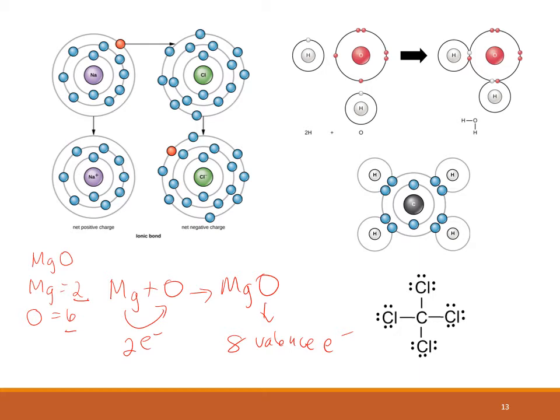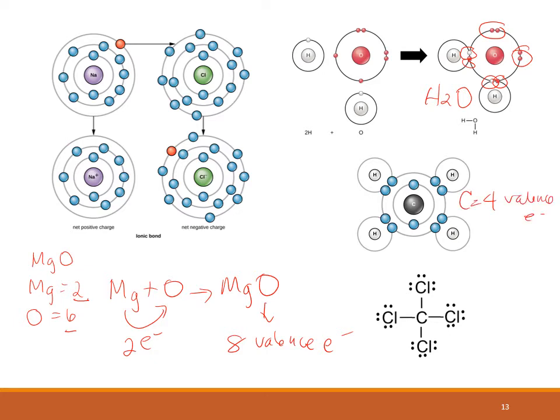Oxygen has 6 valence electrons. It needs just 2 more to complete the octet. Hydrogen has 1 valence electron that it can share with oxygen, thus forming the compound H2O. Carbon has 4 valence electrons.